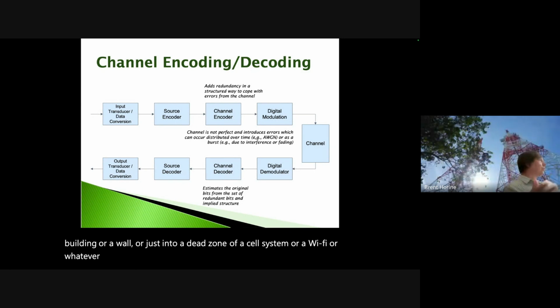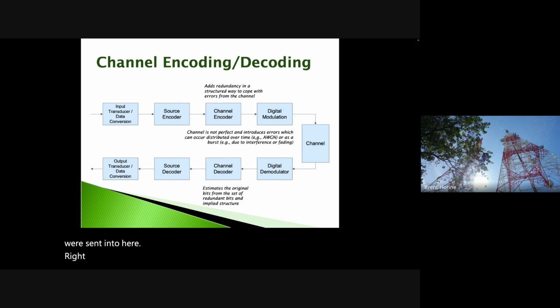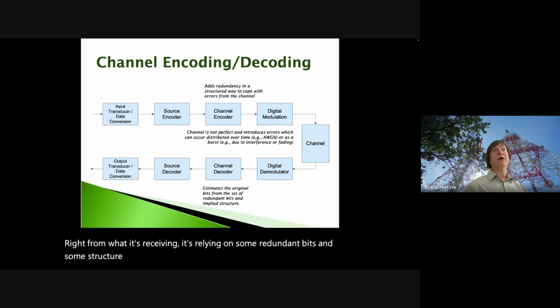Then your errors are going to increase quite a bit. We have our channel decoder. Its job is to estimate the original bits that were sent in from what it's receiving, and it's relying on some redundant bits and some structure associated with those redundant bits.